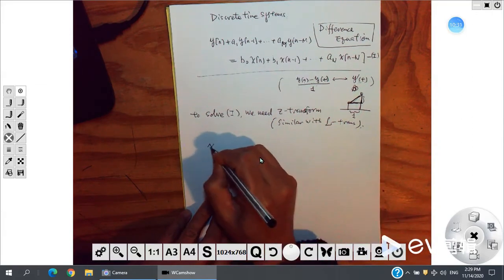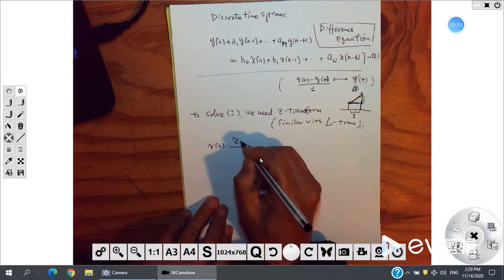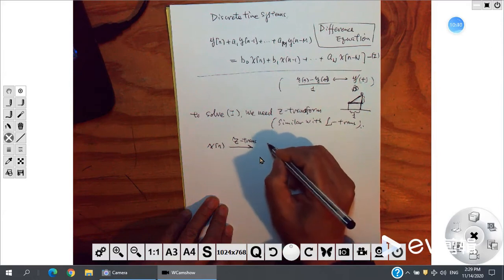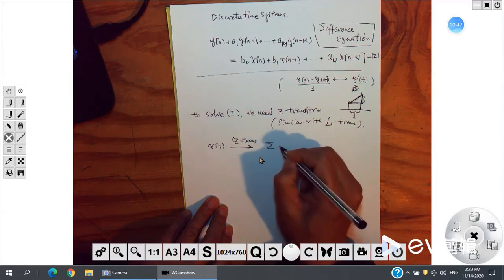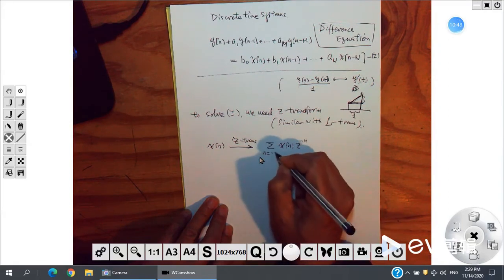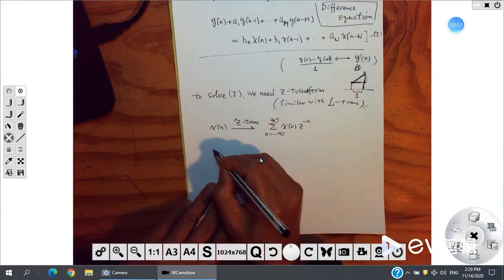We start from a signal x of n and apply a Z transform. We have a summation of x of n times z to the negative n, with n running from negative to positive infinity. We can compare with the Laplace transform.